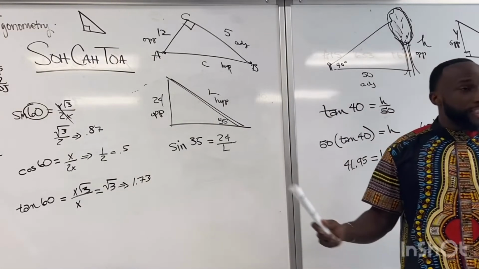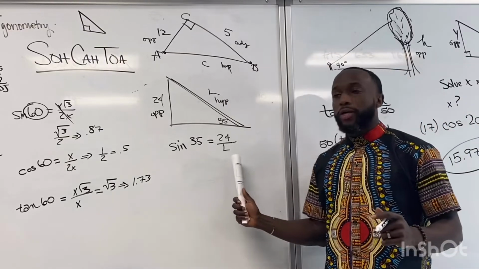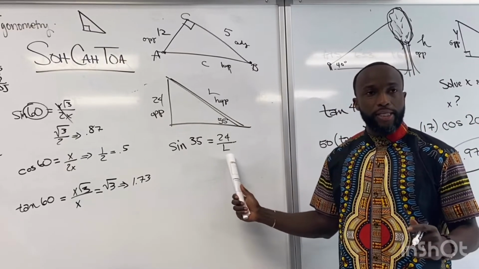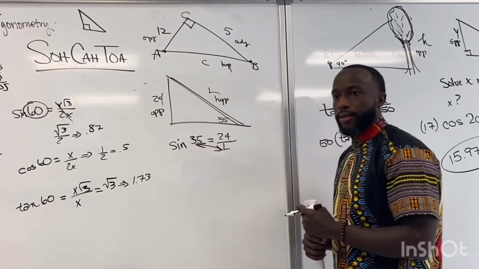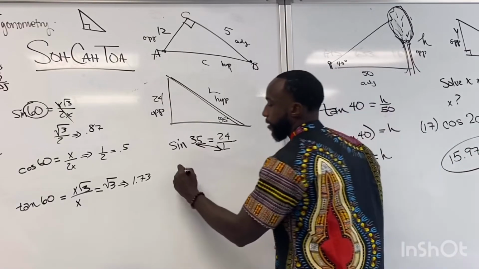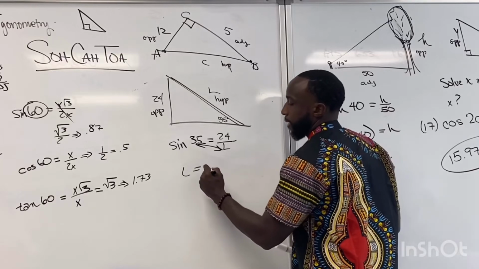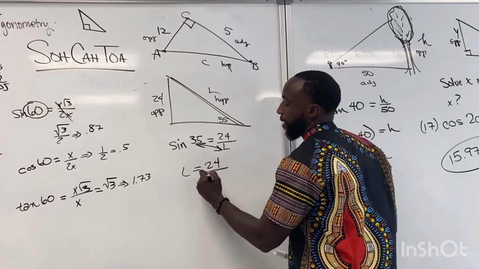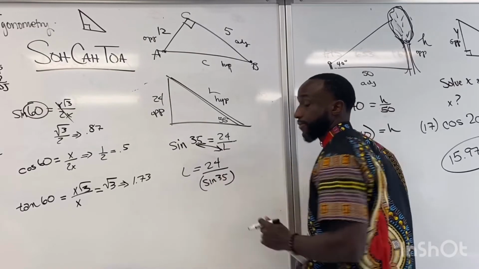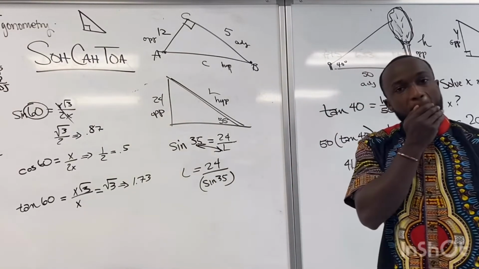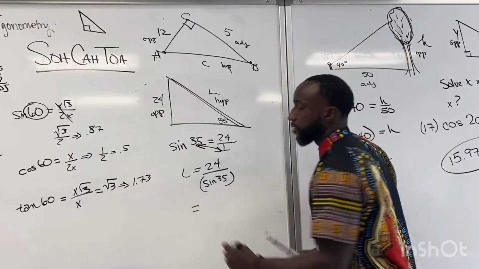This is what you have to do when you're solving for a letter that's at the bottom of the ratio. You want to switch spots. So L comes over here, and sine 35 comes over here. So you're going to have L equals 24 divided by sine 35. It's all algebra.